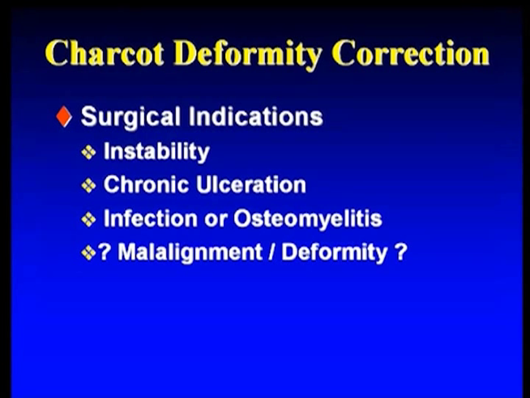But there is potential, or you feel as the treating doctor that the patient has a potential to develop ulcerations or difficulties with their foot down the road because of the malalignment, given the neuropathy and the amount of deformity present. So that is kind of the questionable indication, and one that you have to have a long, hard discussion with the patients about, as to whether to intervene and at what point to intervene.